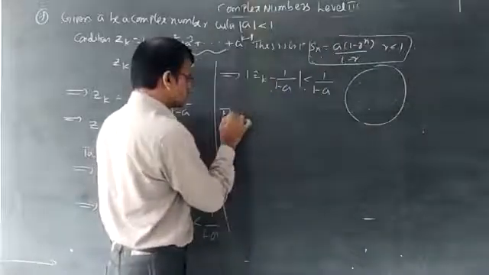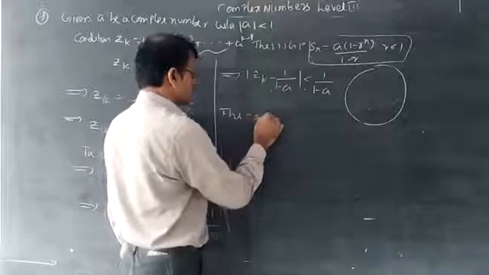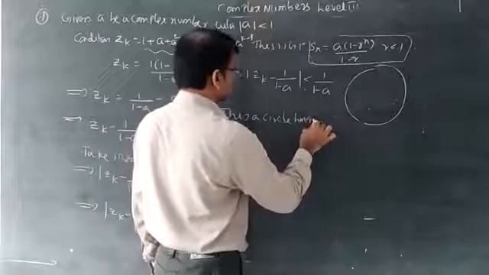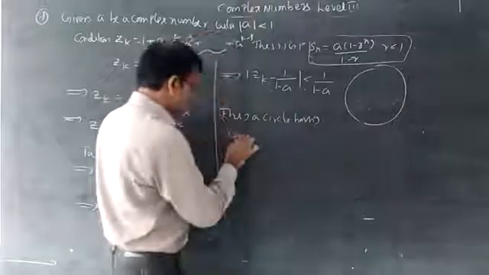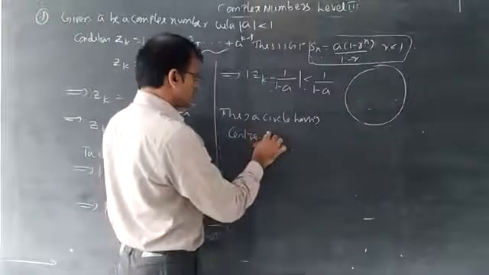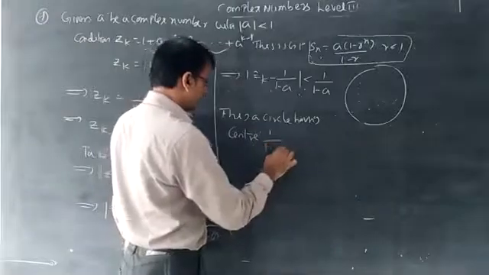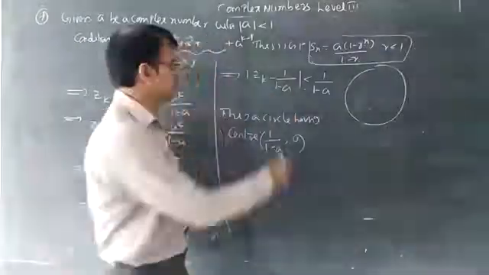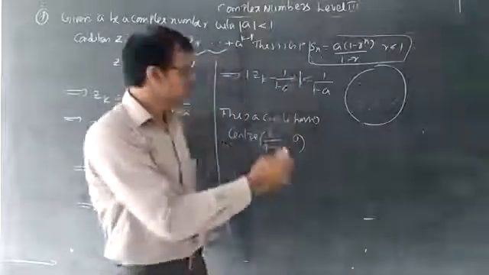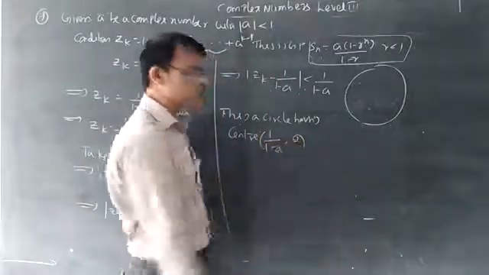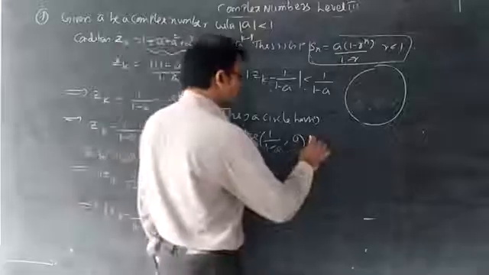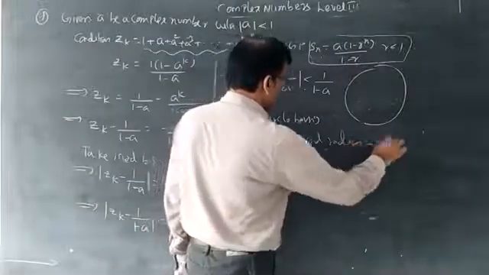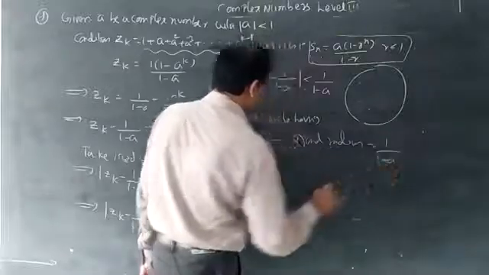We can write this is a circle having a center 1 by 1 minus A comma 0, and radius 1 by 1 minus A.